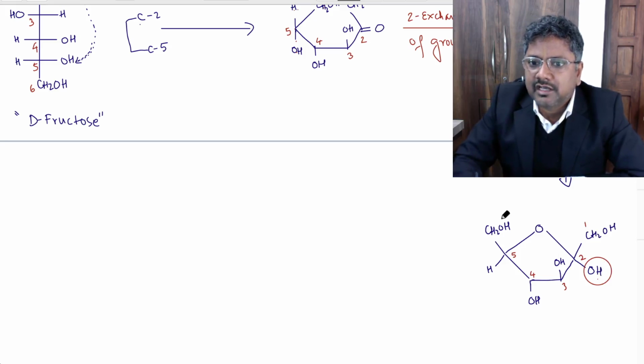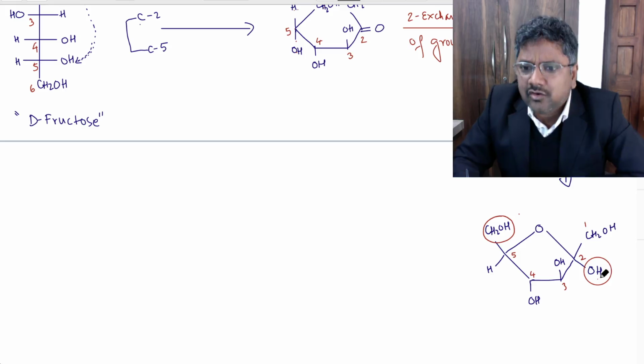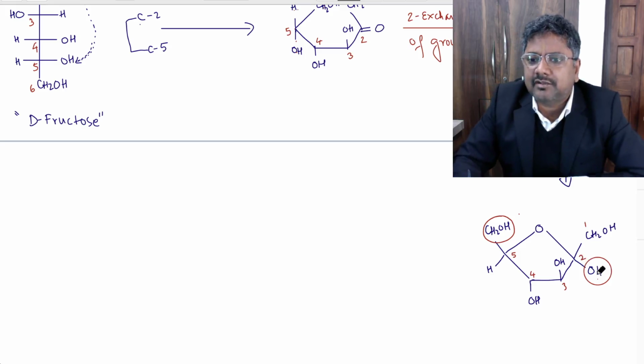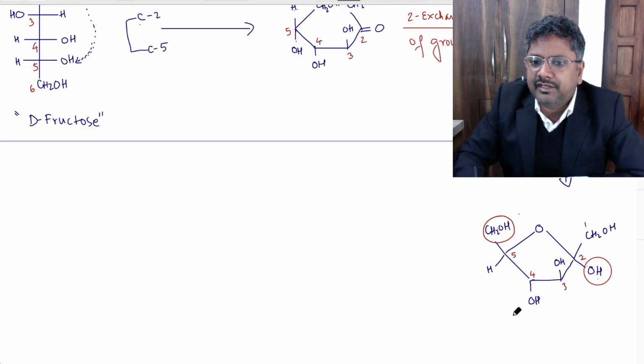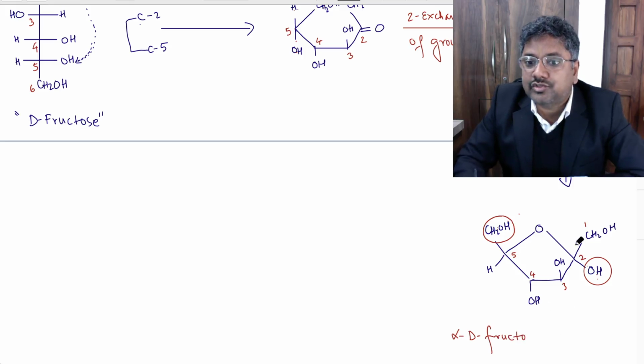So you have to see the OH of the anomeric carbon and the fifth carbon CH2OH. They are opposite, means this is alpha D fructofuranose. This is a furan ring, so this is furanose.